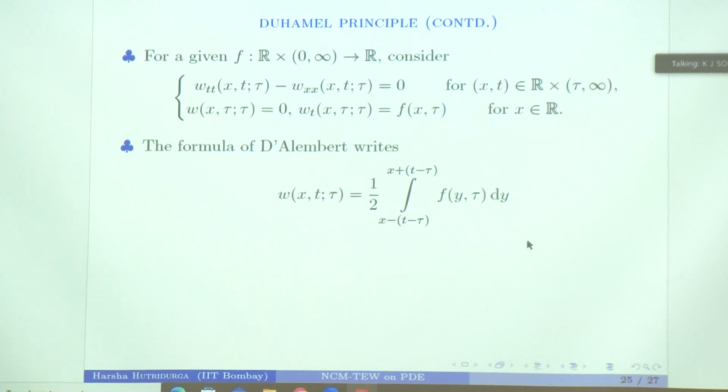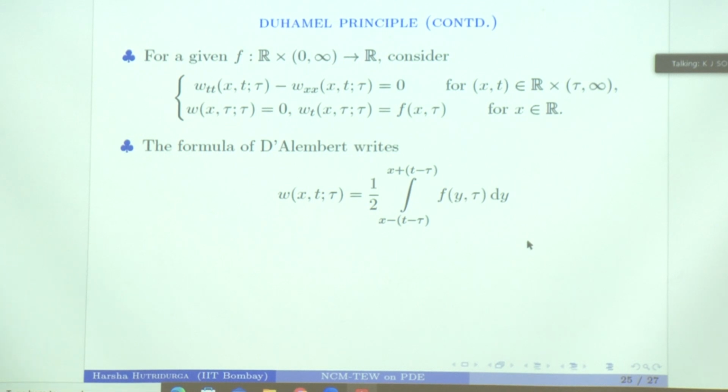So this is x minus (t minus tau), and the other one will be x plus (t minus tau). Because here is t, and you already moved up by tau. So what is left is t minus tau, this length. So x minus (t minus tau), x plus (t minus tau).